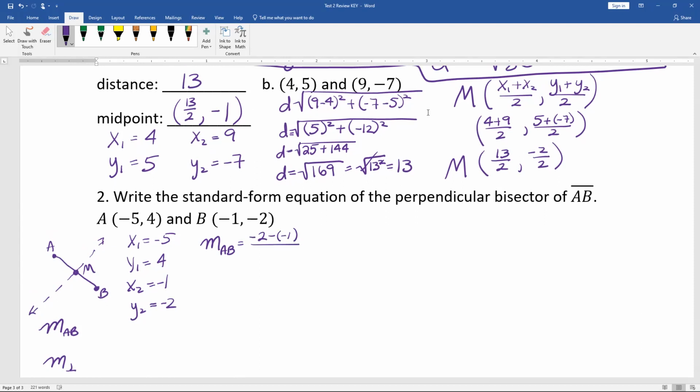Over the run, which is the difference in x, so x2 minus x1. Did I do that right? I don't think I did. Hold on. Let me just write the equation. y2 minus y1 over x2 minus x1.